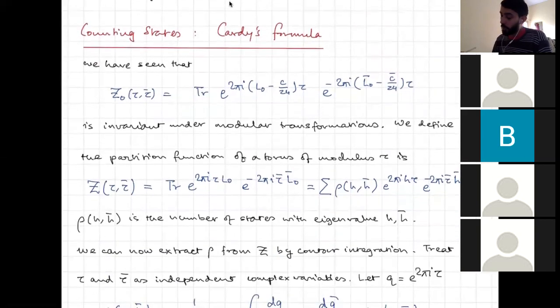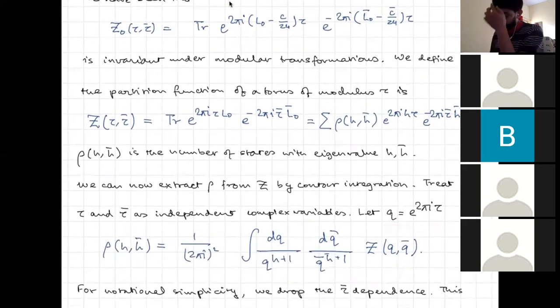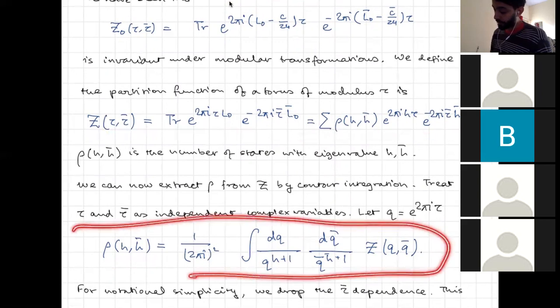Now what we are going to do is extract rho from Z by integrating. We are going to do a contour integral. We're going to treat tau and tau bar as independent complex variables and do the usual thing of q equal to e to the power 2 pi i tau. This is simple, right? If you have something like this, you can just invert it to bring rho of h into an integral of this form.